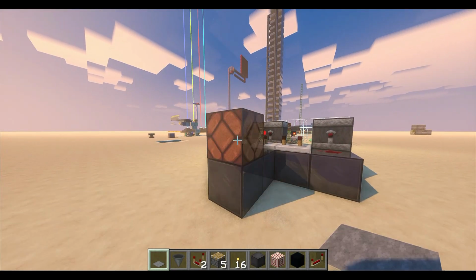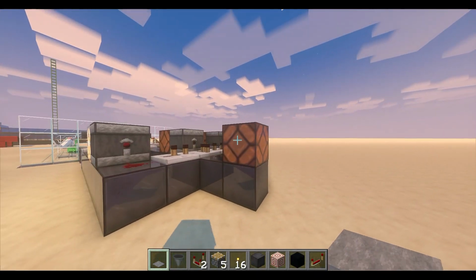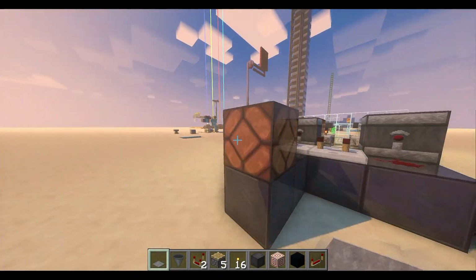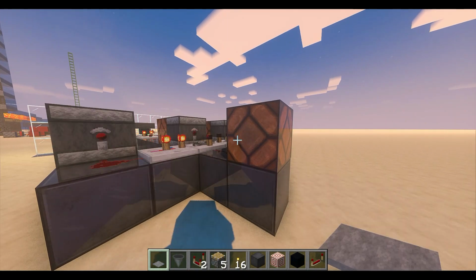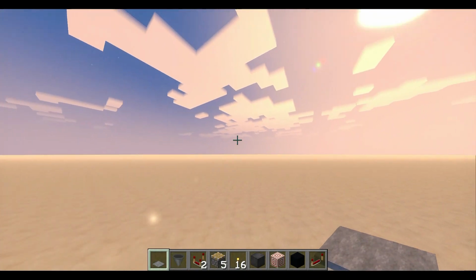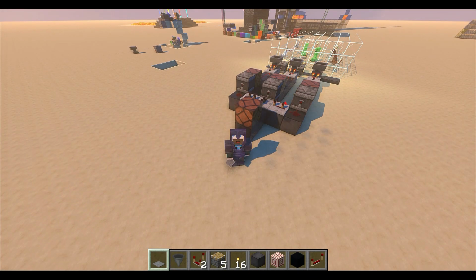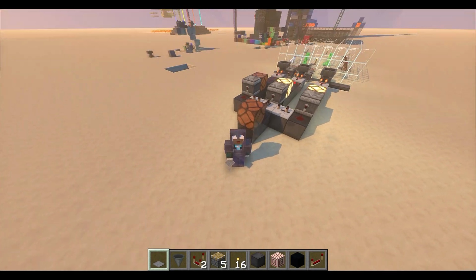Sometimes it flickers, sometimes it doesn't. Sometimes there are short flickers in between, sometimes there are long flickers in between. It really just depends. And that, JazziRed, is my submission into making a random pulse out of random things in Minecraft.